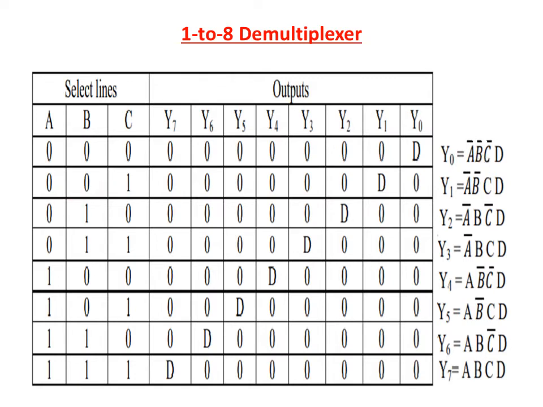Next is the 0, 0, 1 combination. The output Y1 is selected, so the output expression is A bar, B bar, C, D. Similarly, all the 8 outputs are written. For Y7, the selection lines are 1, 1, 1, so the output expression is A, B, C, D. So this is the truth table representation for 1 to 8 demultiplexer.